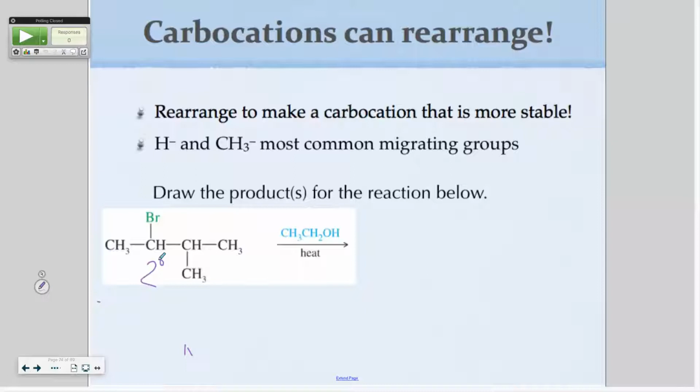No. So that's always going to be true. If you're secondary or tertiary, you're going to be SN1. Remember, no SN2 on tertiary centers.